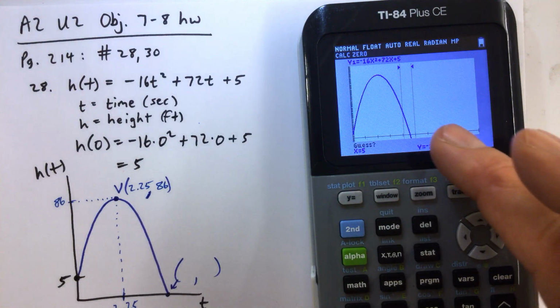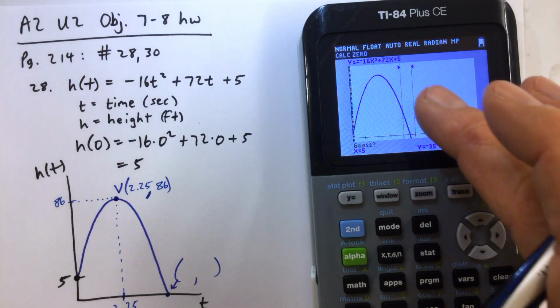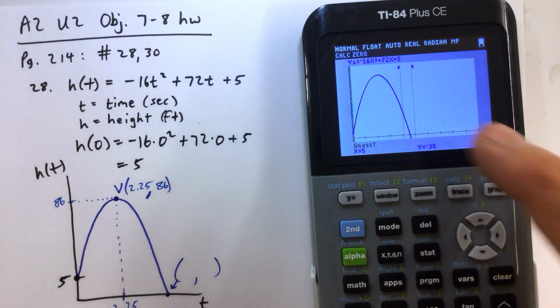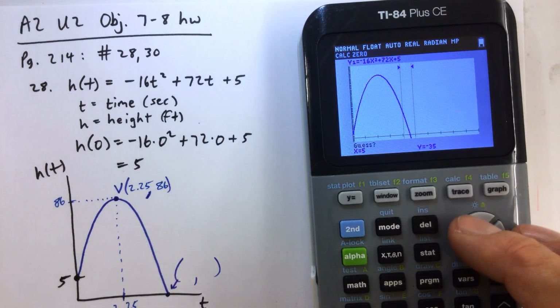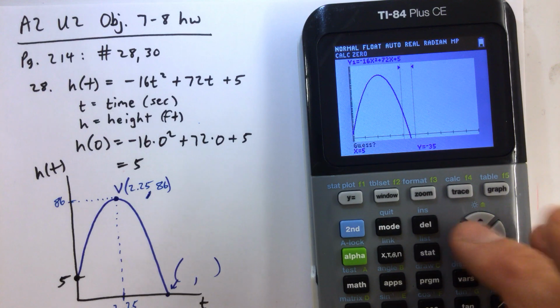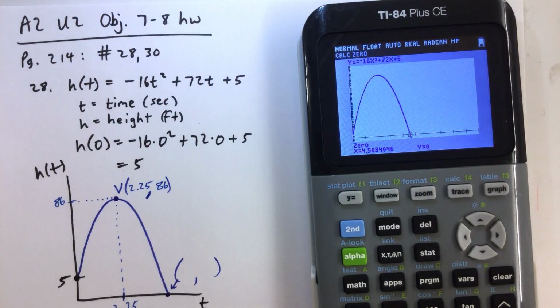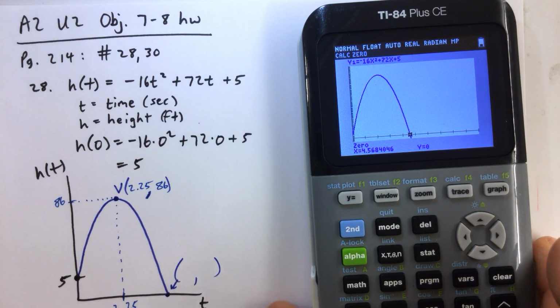Even though we can't see the cursor, it still registers as being on the graph. Now we can see that the two vertical lines surround the x-intercept, and then it's asking us for a guess. We move the cursor back near where the x-intercept is, and we hit enter, and that shows us exactly, and we're going to round to the nearest 3 digits after the decimal, 4.568.